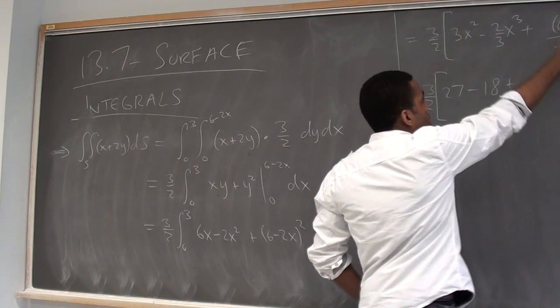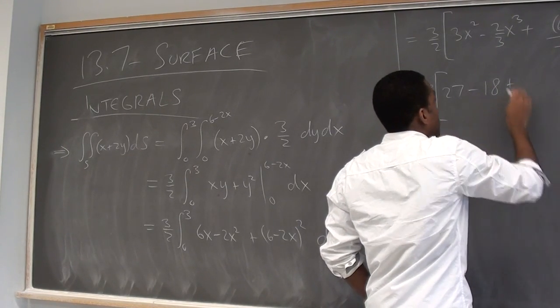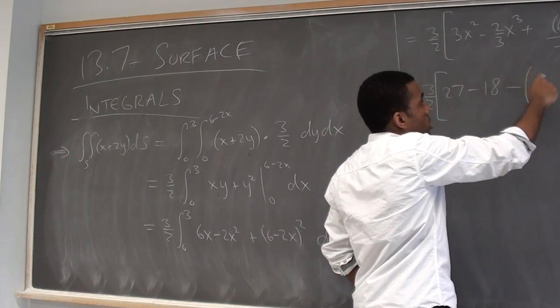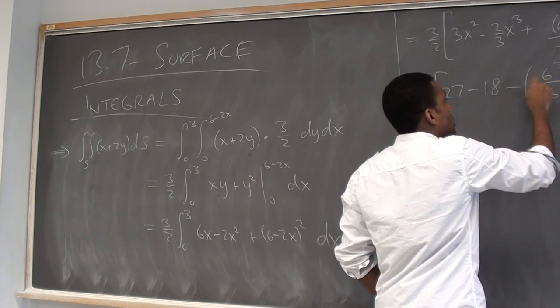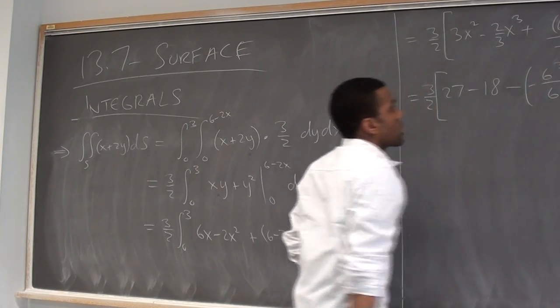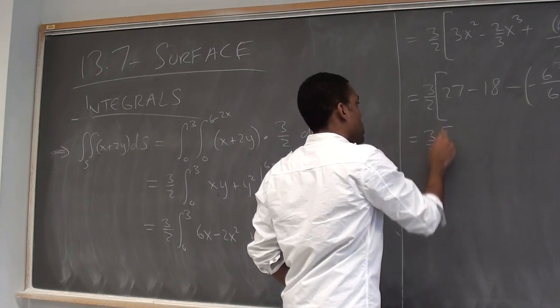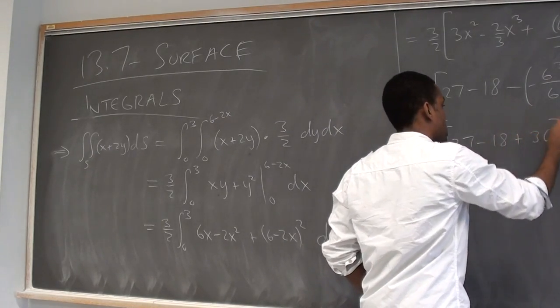Plus, plug in 3 here, you get 0. Minus, plug in 0, you get 0. Over here, you would get 6 cubed over 6, so 6 squared. So this is 3 over 2 times 27 minus 18 plus 36.